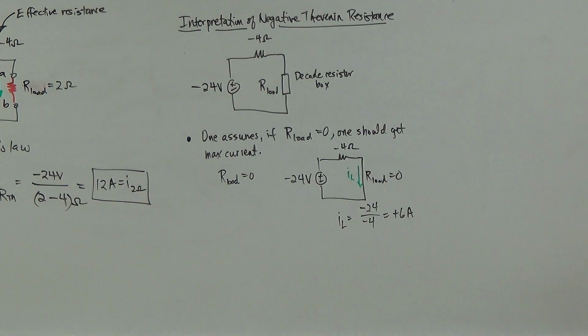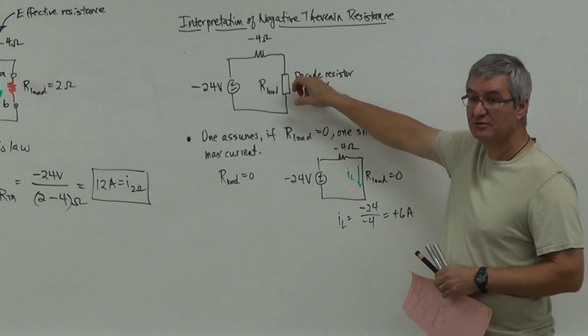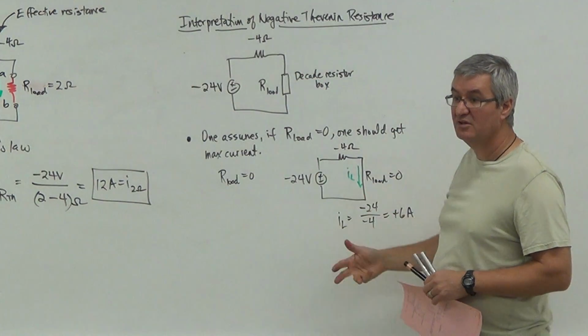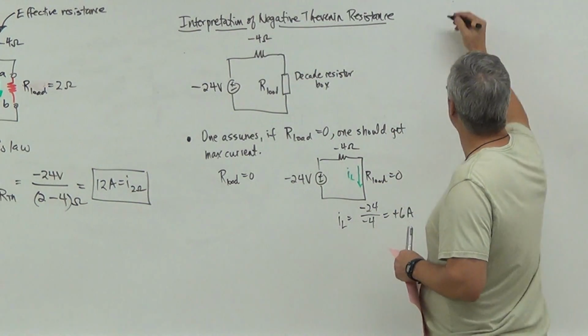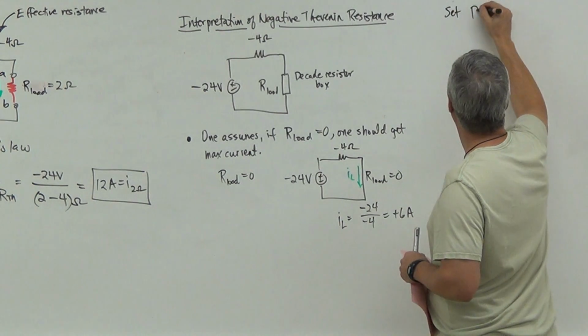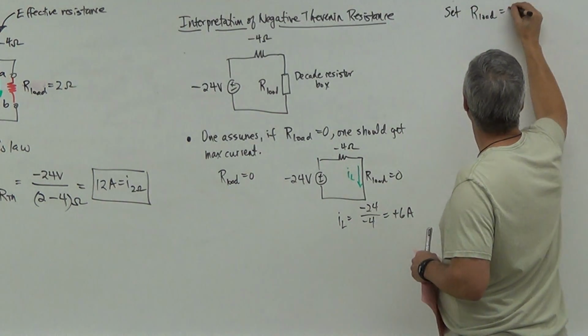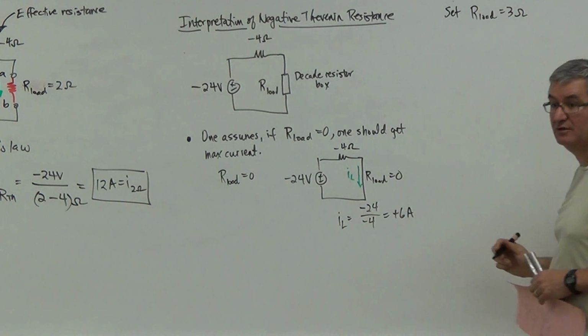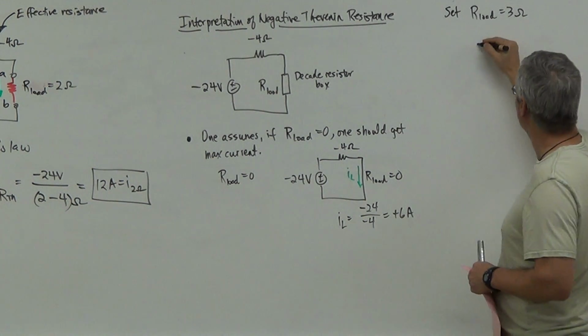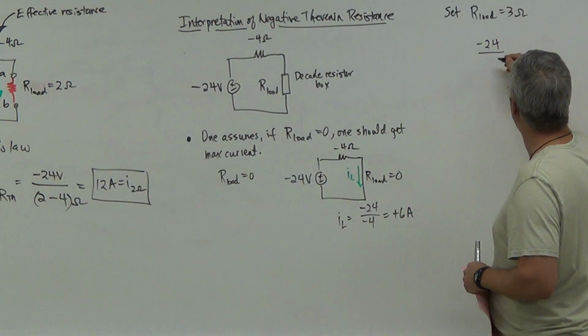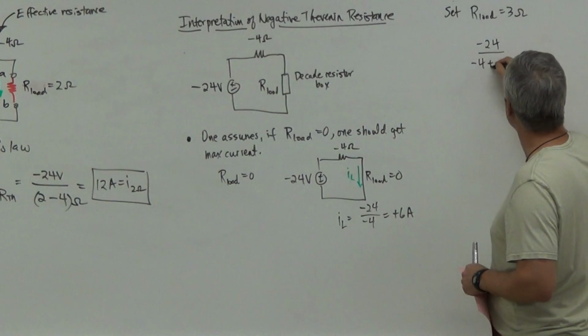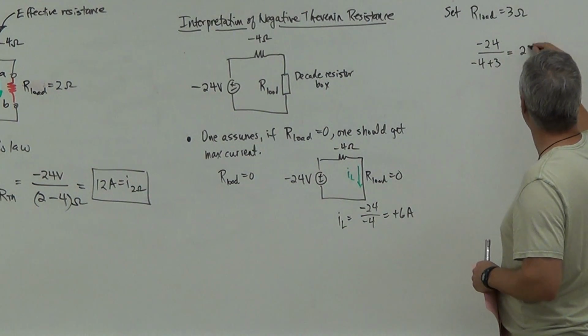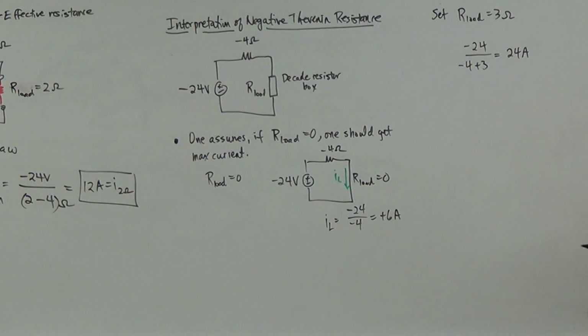you could imagine that I now take this resistor and I click it to 3 ohms. So now if I set R load to 3 ohms and I put it into the circuit, you can see that I'm going to get what? Minus 24 over minus 4 plus 3. All of a sudden, I'm at 24 amps.